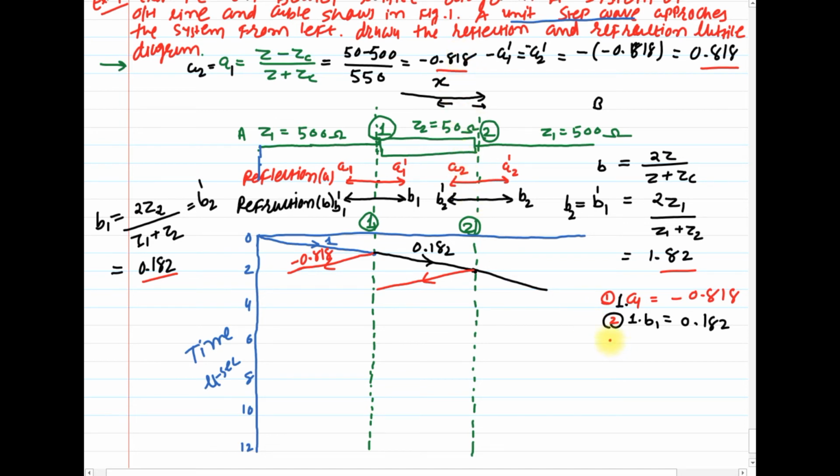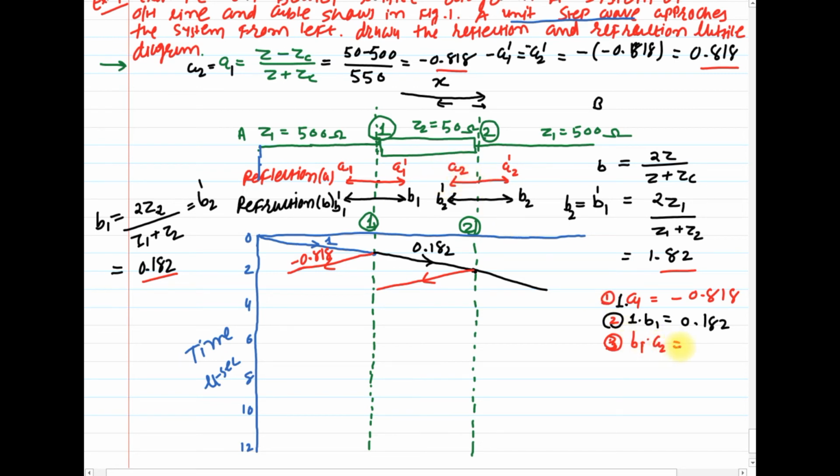Simply, at the third point I can write b1 into the reflection coefficient from junction 2, where the wave is approaching from the left hand side, which is a2.